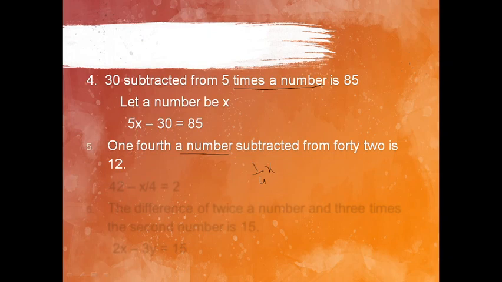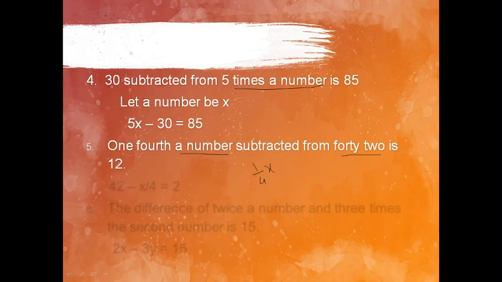So what is given here: 1/4 of a number subtracted from 42, means this number we have to subtract from 42, means 42 minus x by 4 is 12.